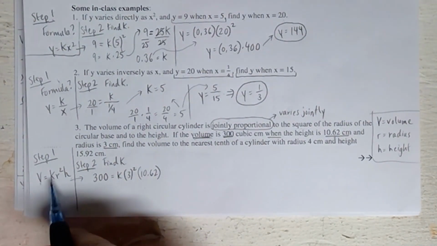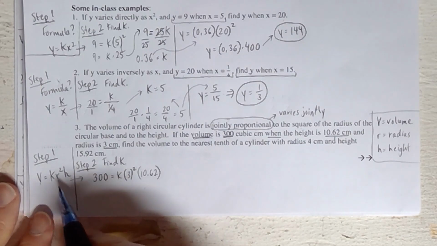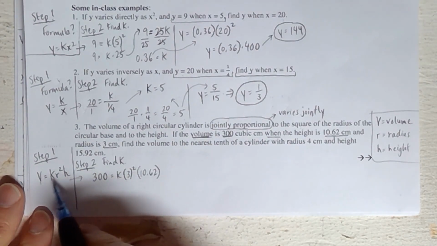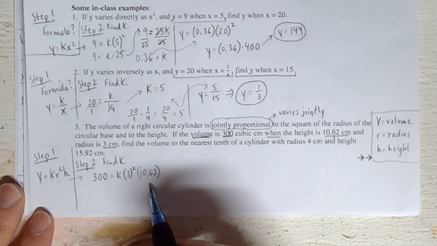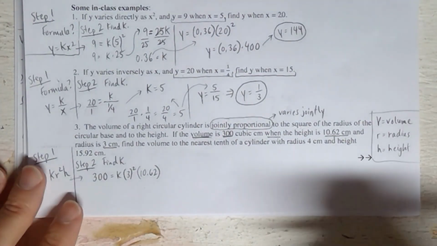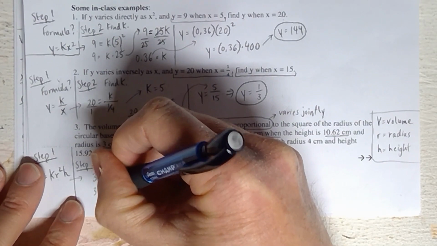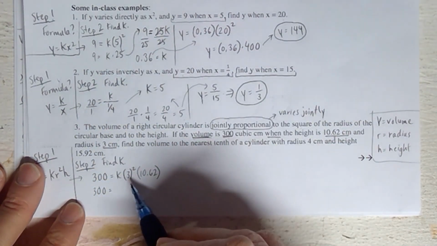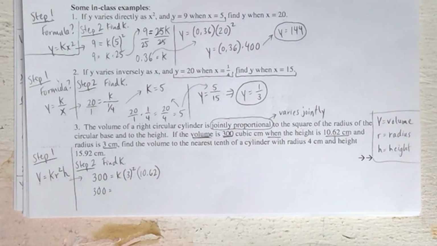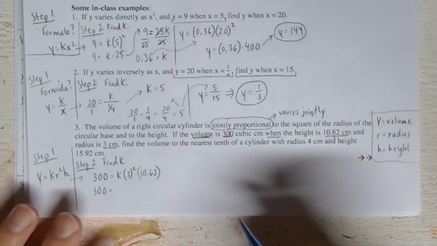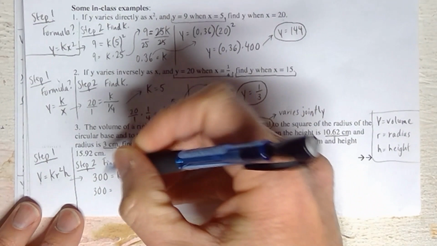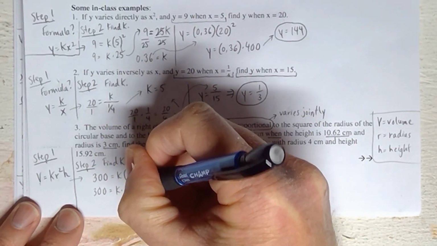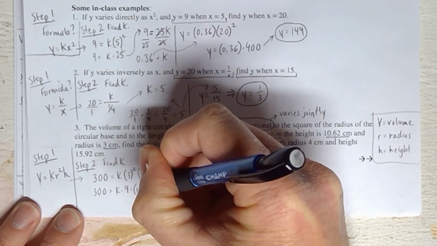When you plug a number, or even in this case multiple numbers, into a term, simplify what it's equal to first before you try to solve the equation. Because the equation looks pretty weird right now, with all this stuff here. We need to make it look like a normal term. Again, we do exponents before multiplication. So we have k times 9 times 10.62.